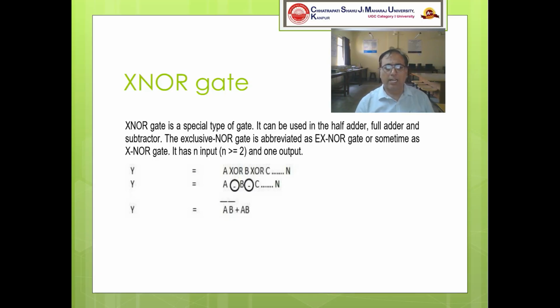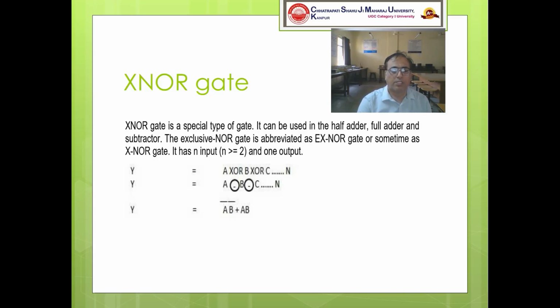So we can write the logical expression as Y equals A XNOR B, XNOR C until N. For a 2-input gate, the logic expression can be written as Y equals A bar B bar plus A B.